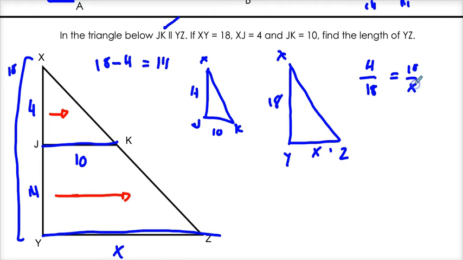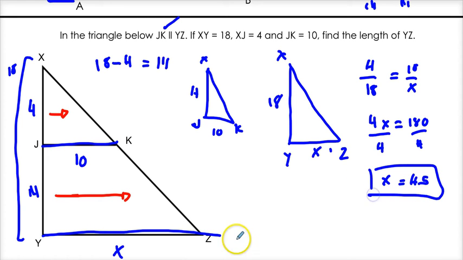Okay? We're going to cross multiply. We get 4x is equal to 180. Okay? Divide both sides by 4. And we get x is equal to 45. Boom, boom, bing, bang. Okay? So to answer our question, yz is equal to 45.